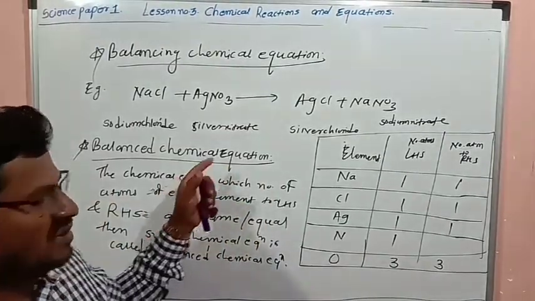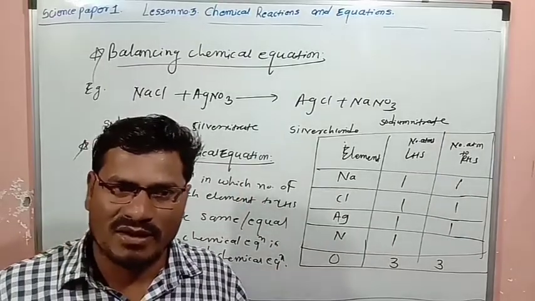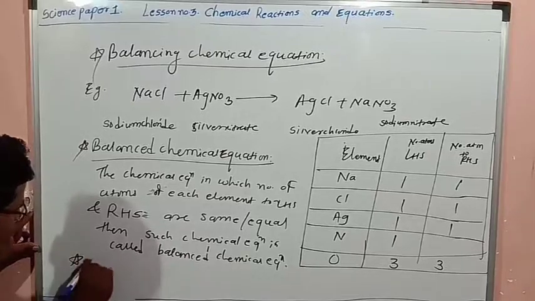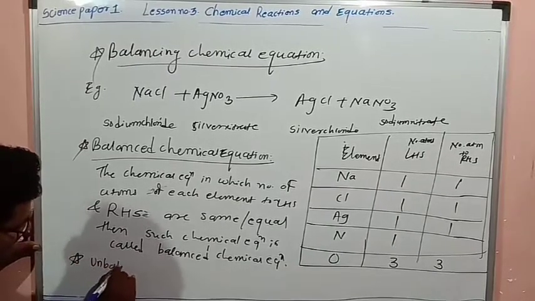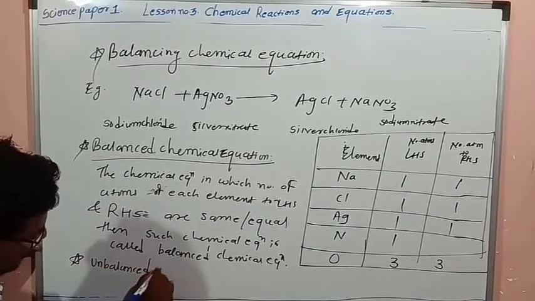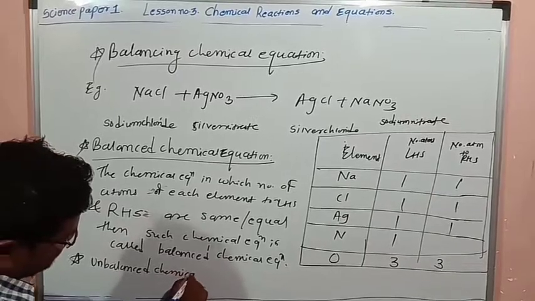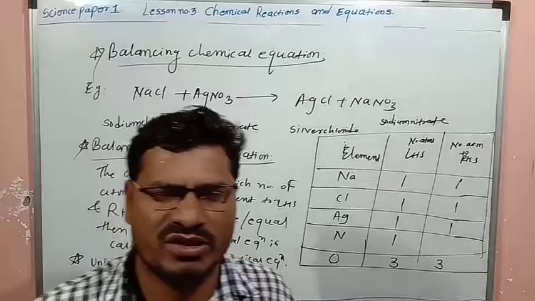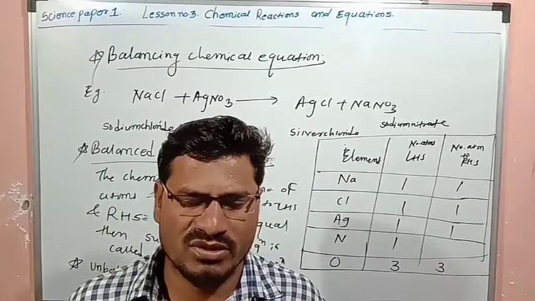So next term is unbalanced chemical equation. In case of an unbalanced chemical equation, just the definition you have to change.